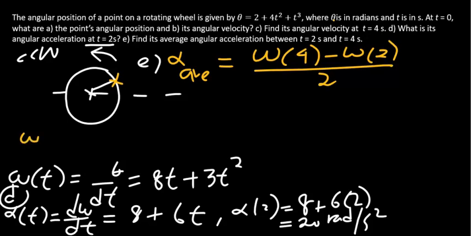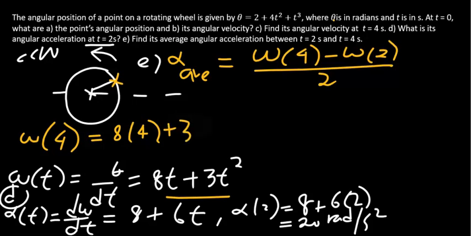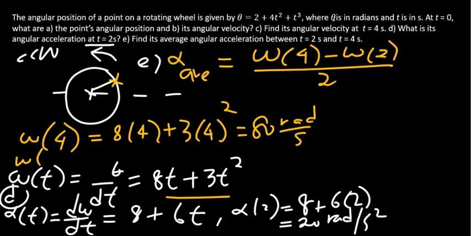So let's determine the value of that angular velocity for t equals 4 first. That is 8 times 4, using this equation, plus 3 times 4 squared, which is 80 radian per second. Now determine the value of that angular velocity at t equals 2 seconds.